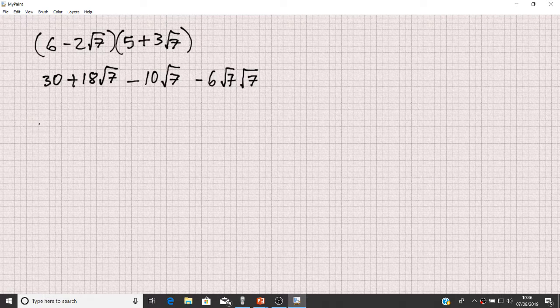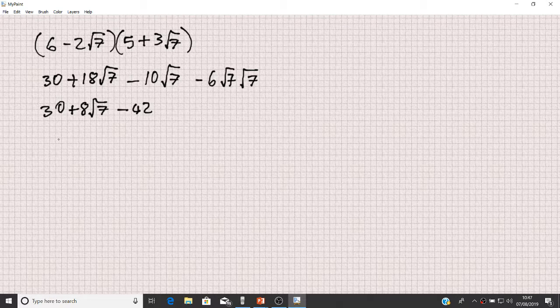And we'll simplify that down. I'll just leave the 30 there for now. We bring together the 18 root 7 minus 10 root 7, which gives me positive 8 root 7. Now we know root 7 times root 7 is 7, so negative 6 times 7 is negative 42.